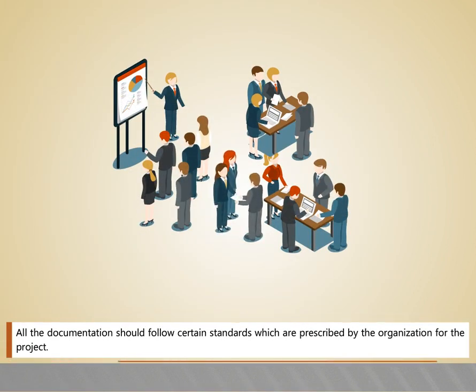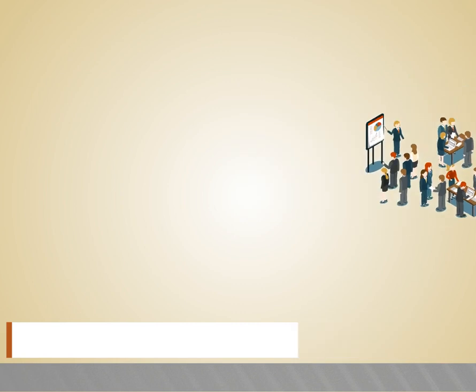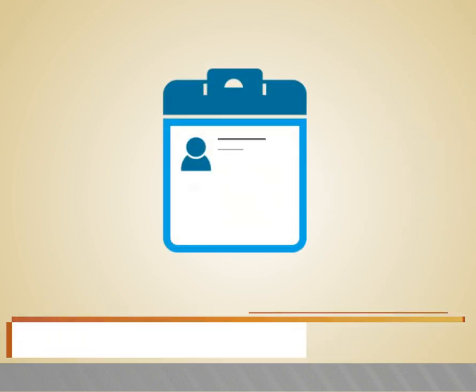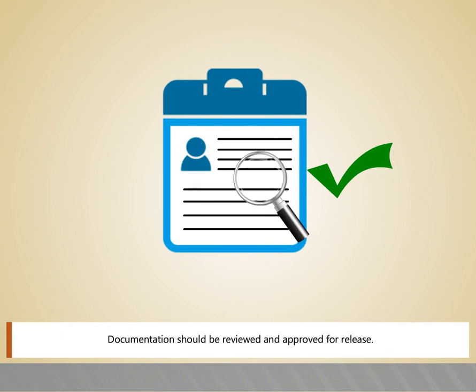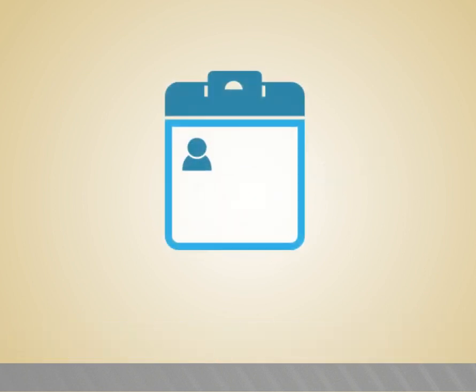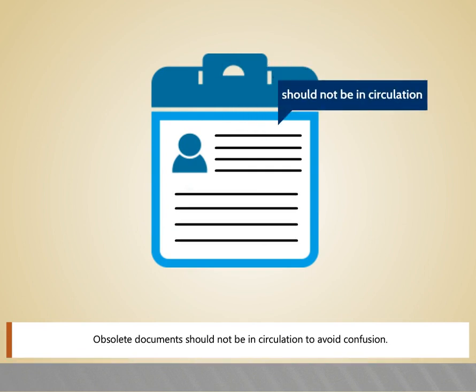All the documentation should follow certain standards which are prescribed by the organization for the project. Documentation should be reviewed and approved for release. Obsolete documents should not be in circulation to avoid confusion.